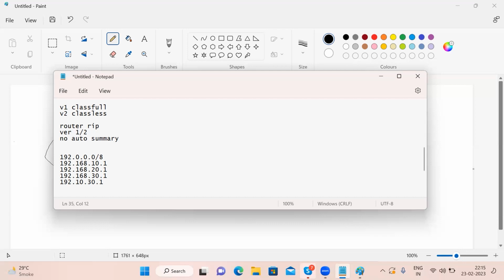You are going to use subnetting till death if you are working. It plays a very important role in networking. So do recall your subnetting, work on subnetting. That's what I can say now.